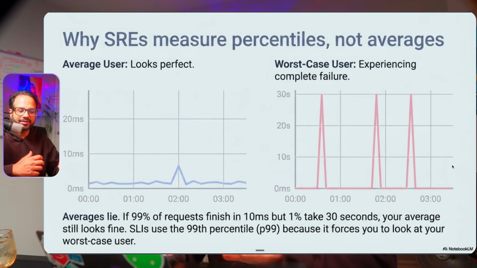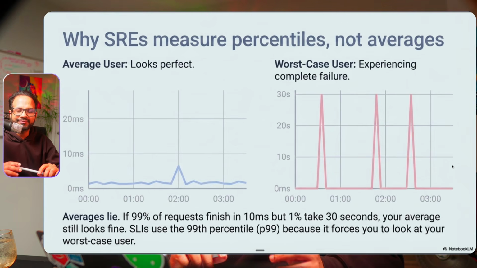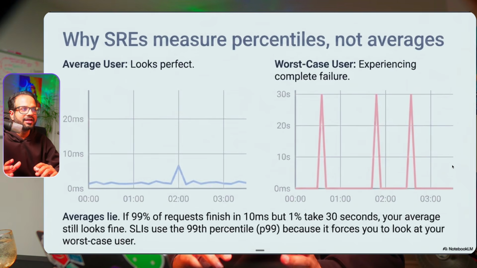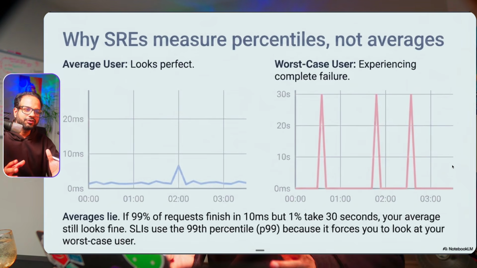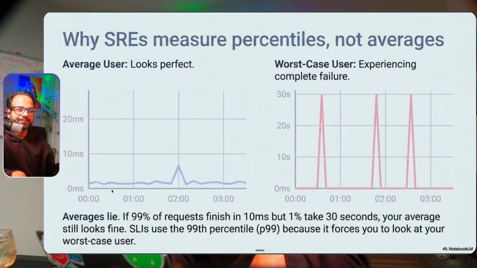Okay, then we also discussed the concept of percentile and P50, P99, P95 latency, and what it means in the SRE world, right? For example, on the left graph that you see with the blue lines, this is the average latency of all the users, right?